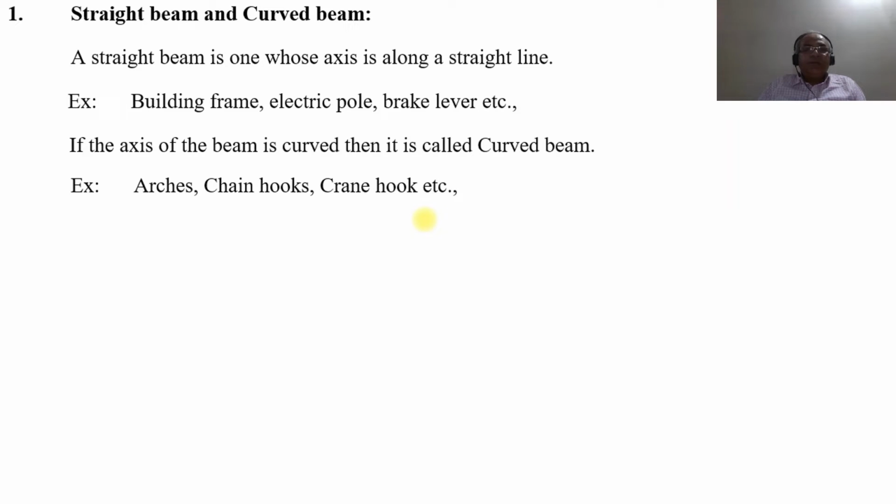The second type of beam is the horizontal beam, the vertical beam and the inclined beam.